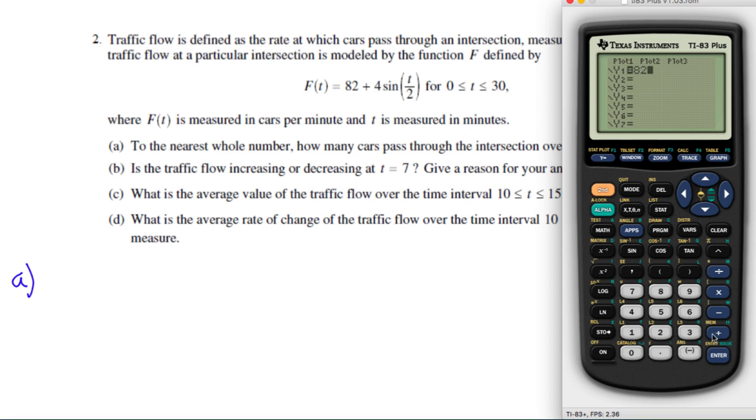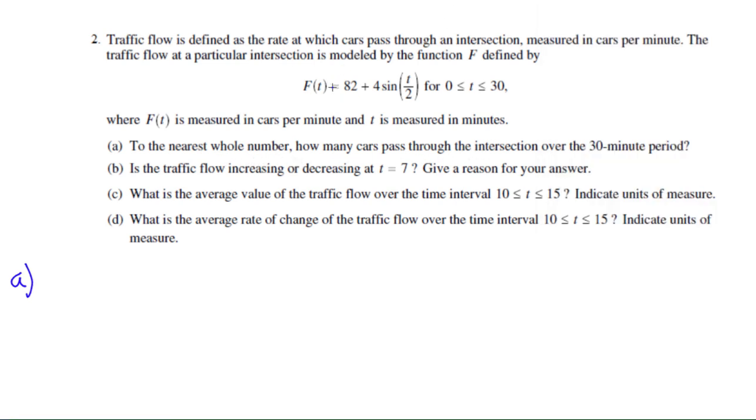So 82 plus, we're plugging all of this into the calculator. So I went to the Y equals button. 82 plus 4 times sine of x divided by 2, in parentheses, and there is our function. We're good, Rochelle? I have my function, and I need to know, to the nearest whole number, how many cars pass through the intersection.